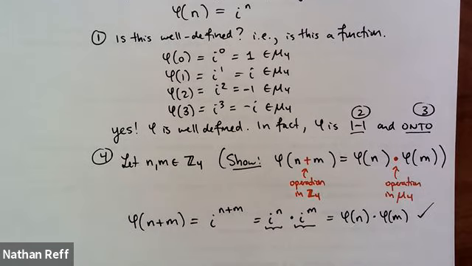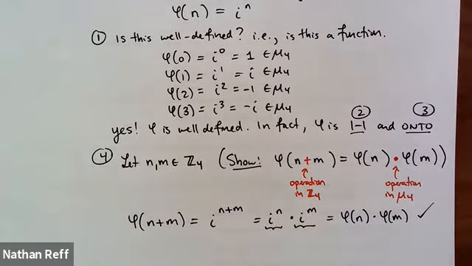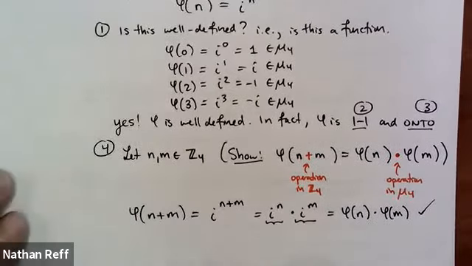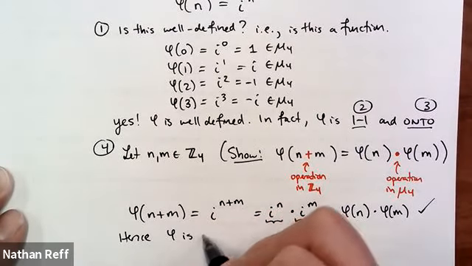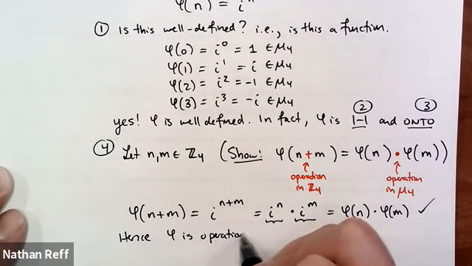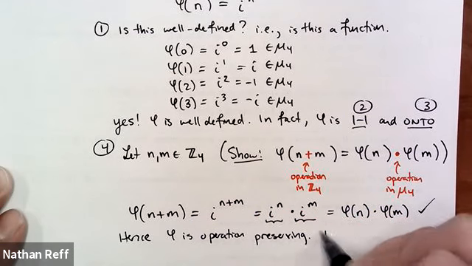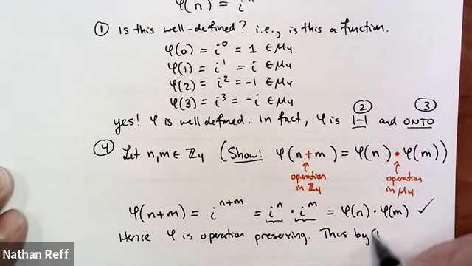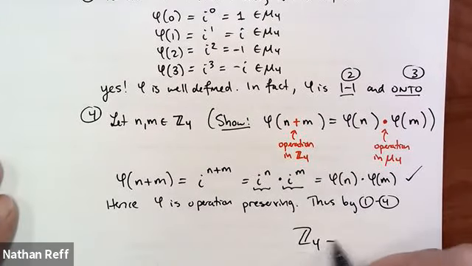You might need to involve the mod 4 if you maybe had to simplify this a little bit more or do something sophisticated, but here it wasn't necessary. Okay, so hence phi is operation preserving. Thus, by 1 through 4, we can definitely say that Z4 is isomorphic to mu4.